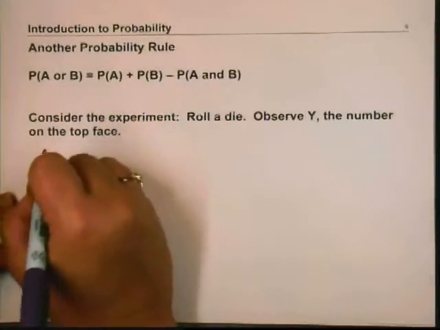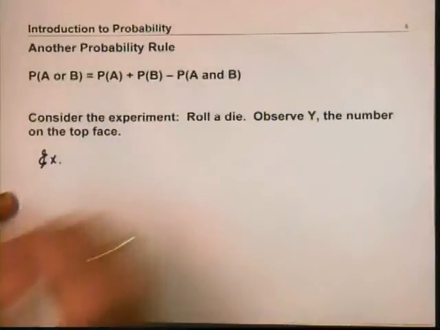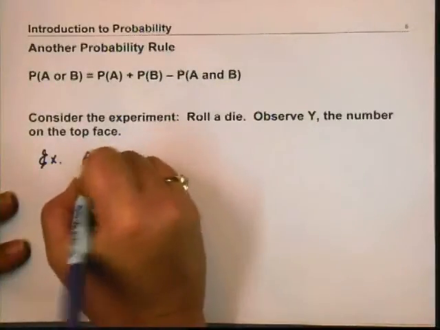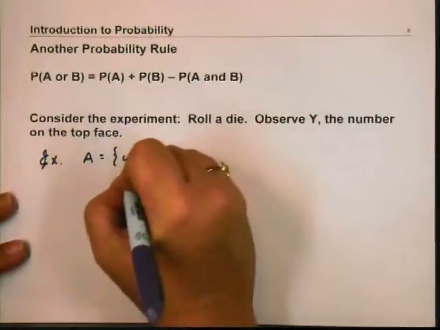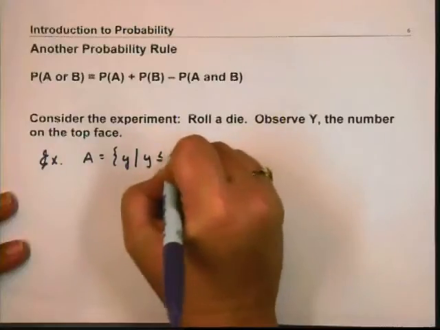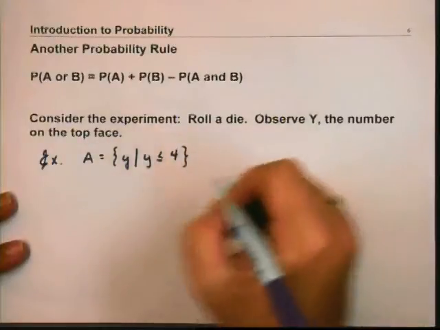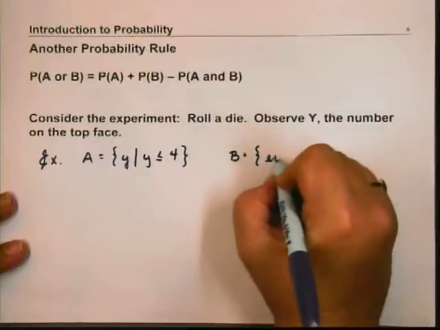So for our example to illustrate this rule, let our event A be equal to the values of Y such that Y is less than or equal to 4. Our event B is equal to the set of even numbers.